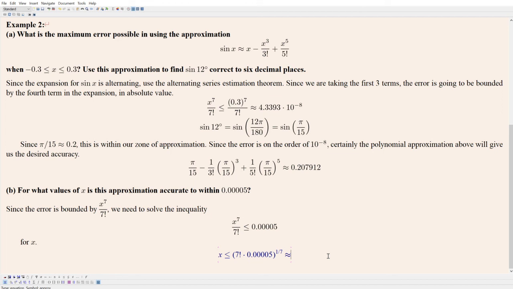Okay, so as expected, we do get a larger number than 0.3. So we get a wider range of acceptable x's for the approximation.